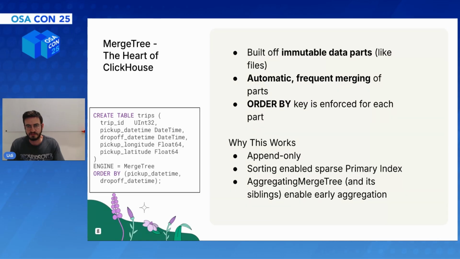And there's a sparse primary index leveraging this order when filtering by this key. The primary index helps ClickHouse understand very quickly which parts of this table it needs to fetch from the disk and start scanning, and also where to look inside those parts.